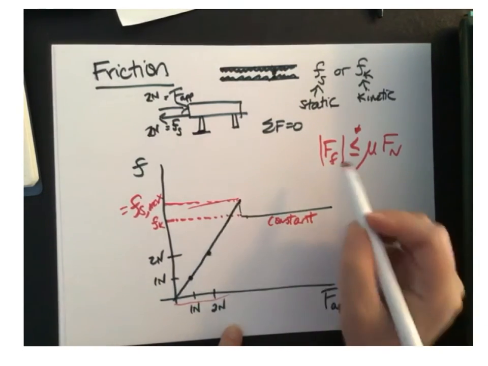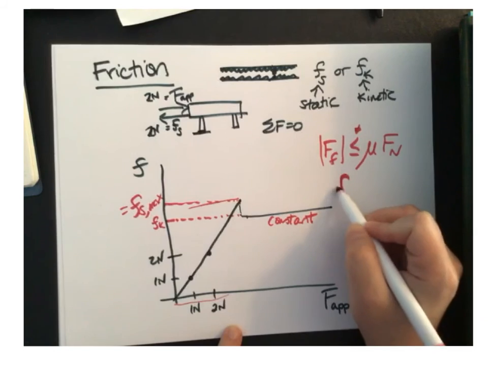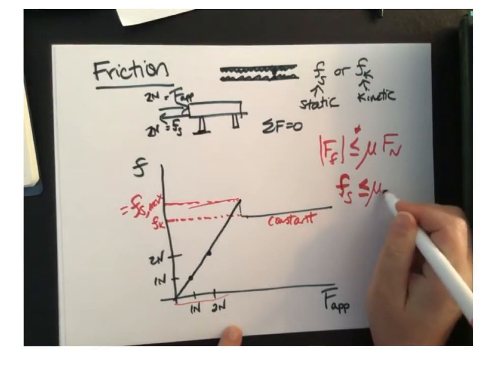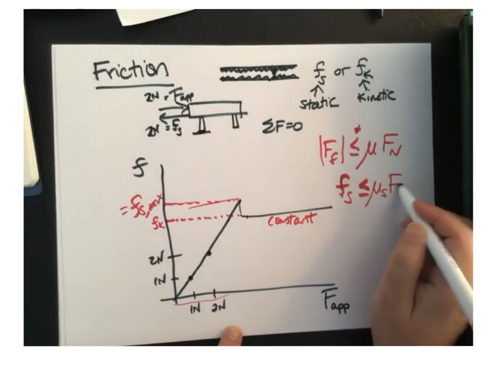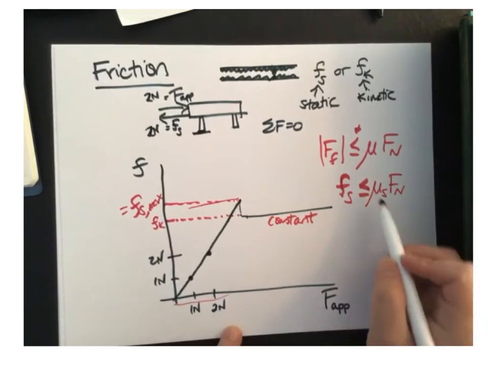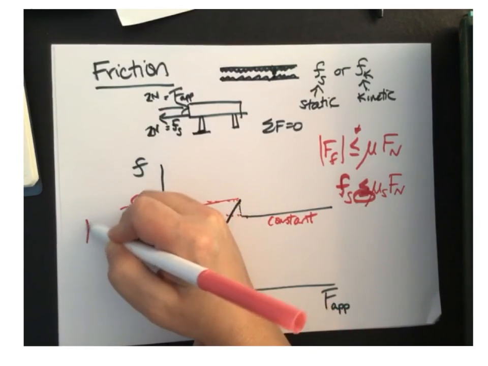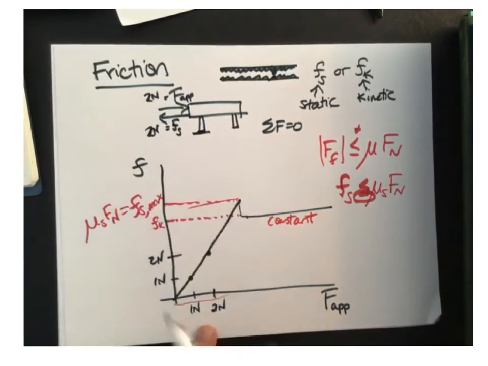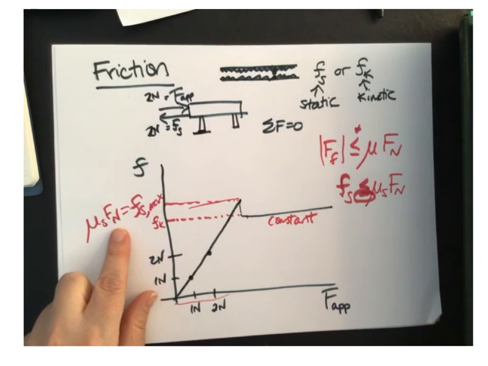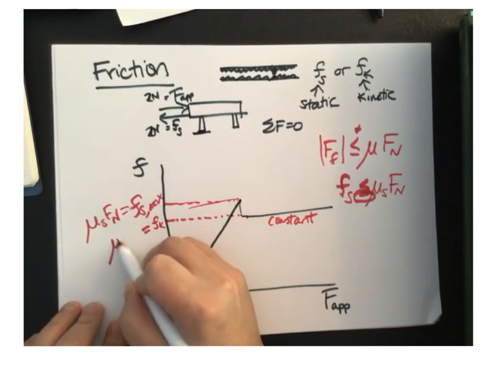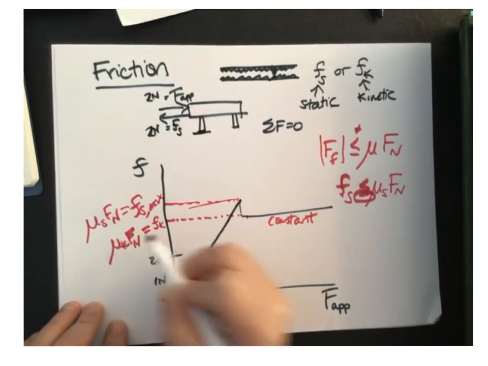So it's saying that the static friction force is less than or equal to the static coefficient of friction times the normal force. That equal is where it's maximal. Okay, so it's mu s times normal force. This kinetic friction is equal to mu k Fn.